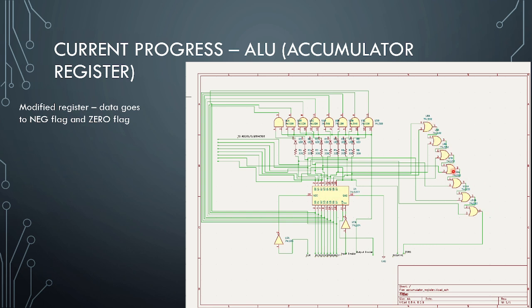So if all of these are 0, then the final one will be 0, which gets inverted into a 1 and goes to the zero flag. And then negative is just the last, or the most significant bit, of the data in the register, because if the most significant bit is 1, then we know it's negative because we're using signed arithmetic.